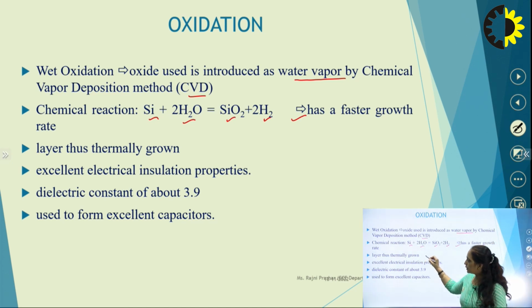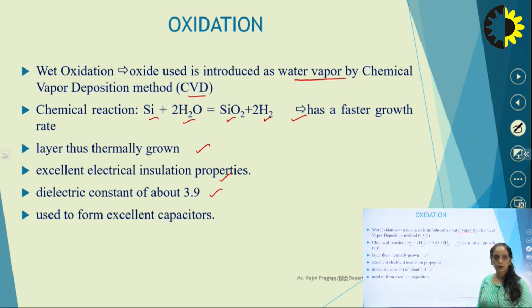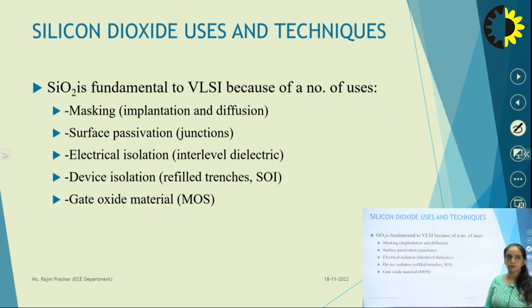The layers are thermally grown, and excellent insulation property will be there. The dielectric constant of silicon dioxide is about 3.9, and it is used to form capacitors also.